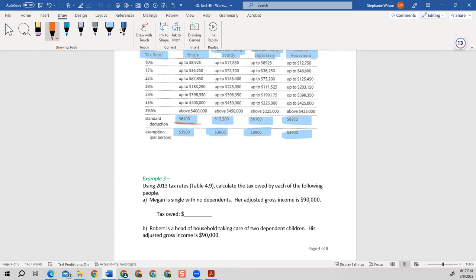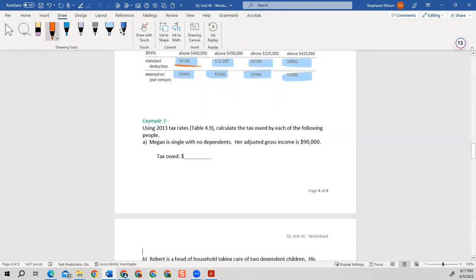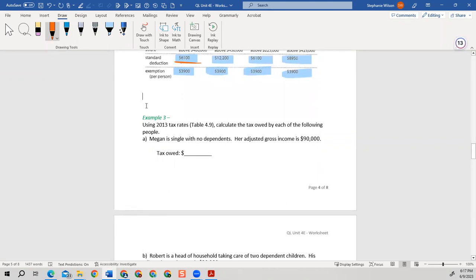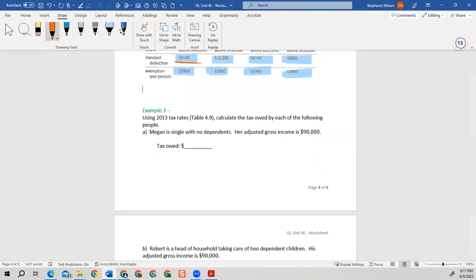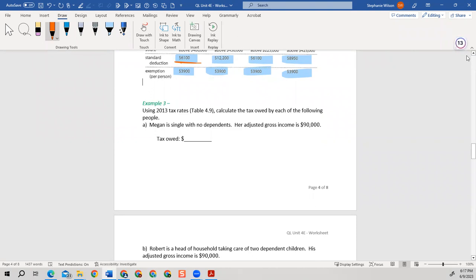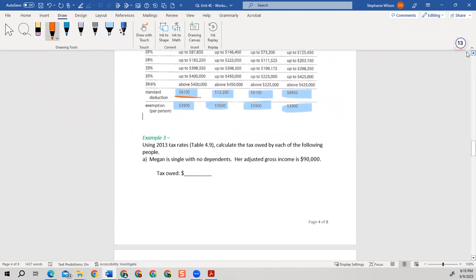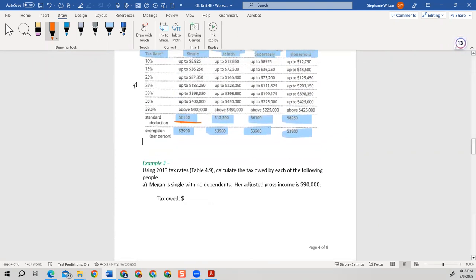So what we have to find out first, before I can tell you what she owes on taxes, is her taxable income. Let me scroll. I'm trying to make it where we can see the screen. Okay.